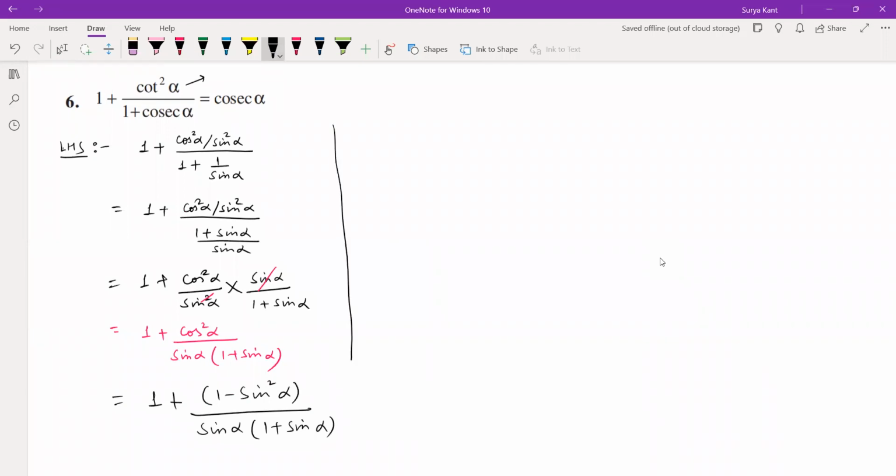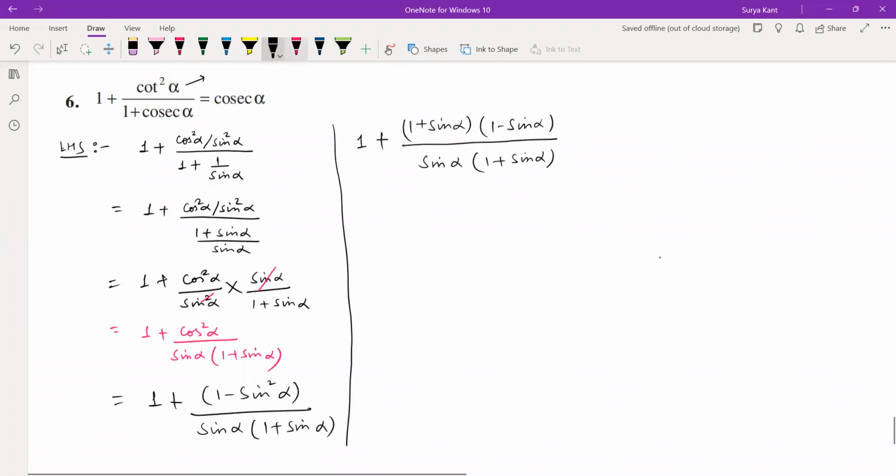I'll do from this side now. Can we write 1 minus sine square alpha in the form of a square minus b square, a plus b? Yes, we have to write that only. So 1 plus sine alpha into 1 minus sine alpha, divided by sine alpha into 1 plus sine alpha.